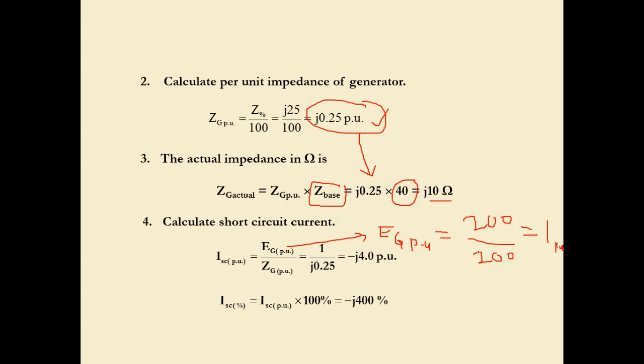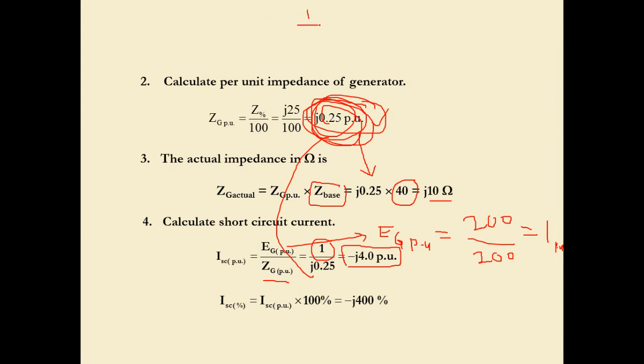PU. So into here, and then this VGPU. So this is from earlier calculation into here, and then now we have 1 over J 0.25 is equal to negative J 4.0. So this is basic mathematics.